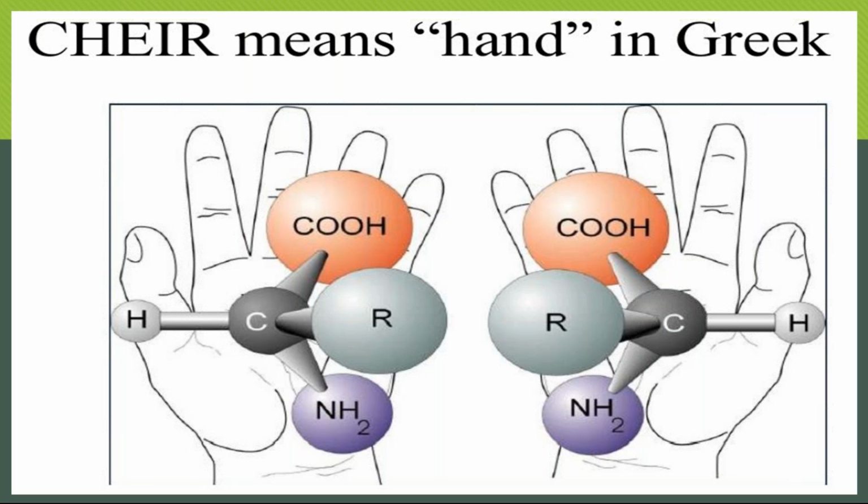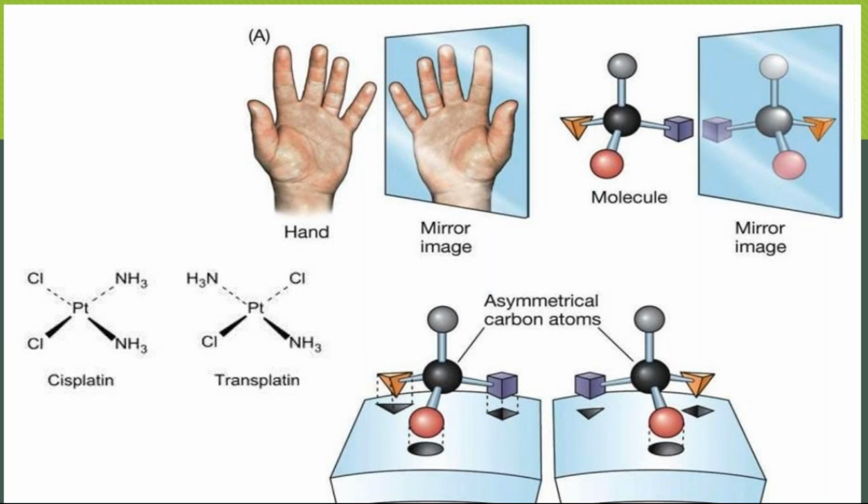They are mirror images. Are they superimposable, yes or no? They are non-superimposable mirror images. If you take a mirror image of your hand, you will get the other hand. If you show your left hand, you see the mirror image of your right hand.